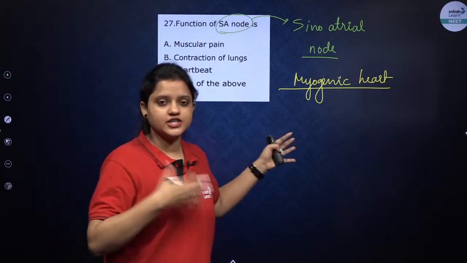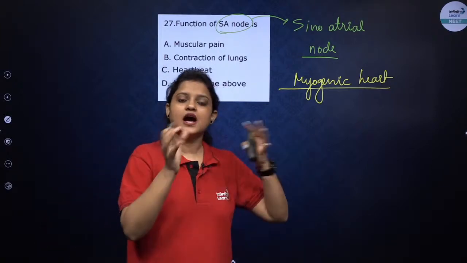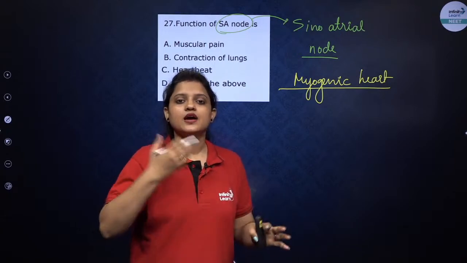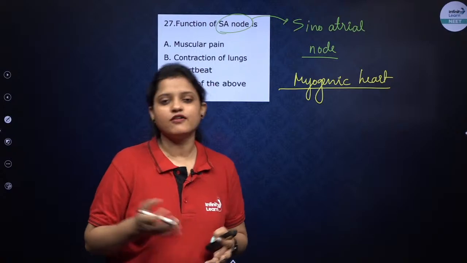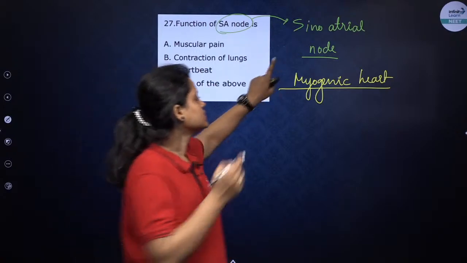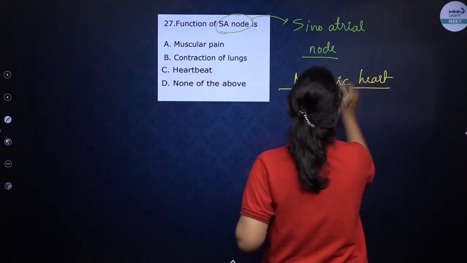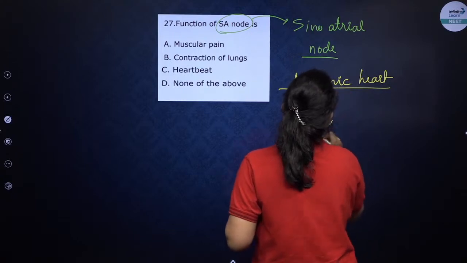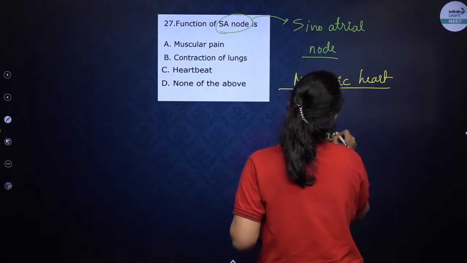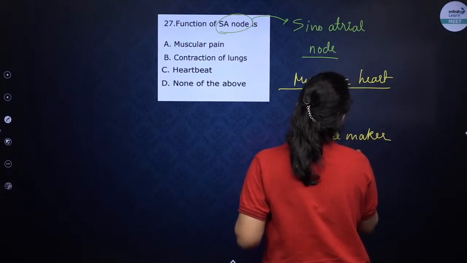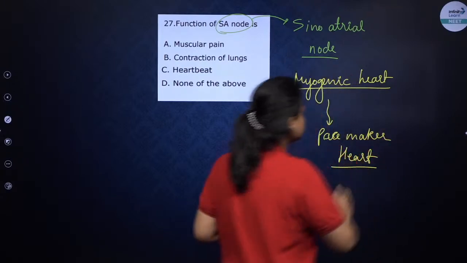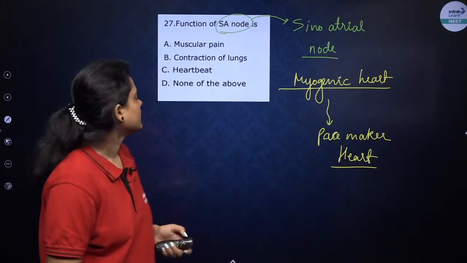That means the nodal tissue or the muscular tissue in the heart itself will form or generate the impulses for the beating of heart. So SA node is also known as the pacemaker of heart, because it generates impulses for its beating, right?